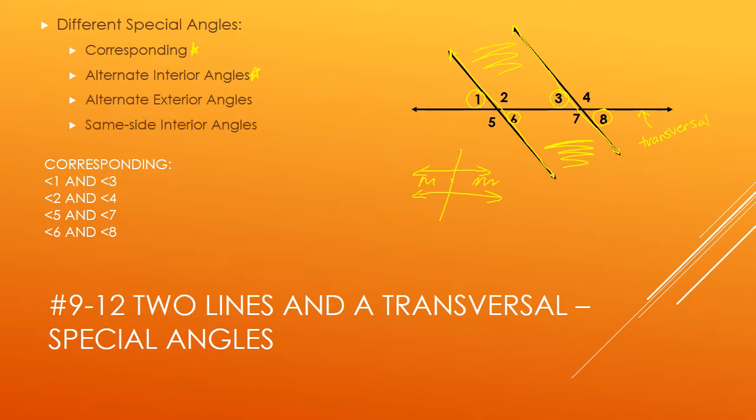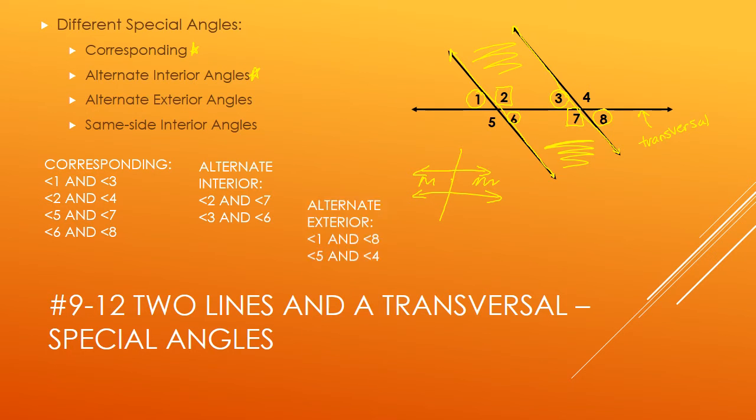Okay, so in this case, alternate interior angles would then be 2 and 7, and then the other pair is... there's always 2 sets of alternate interior angles. Only 2 sets, for 2 lines and 1 transversal. Okay, let's look at the alternate exterior.